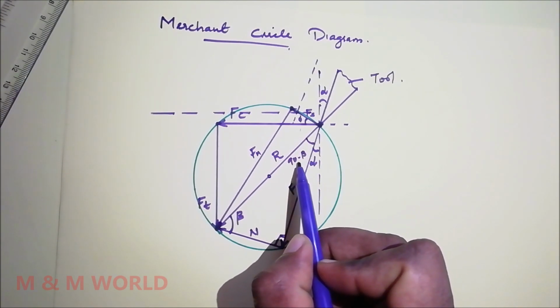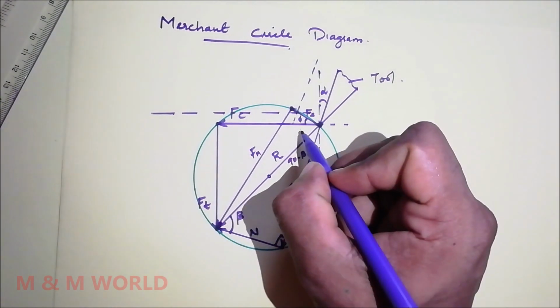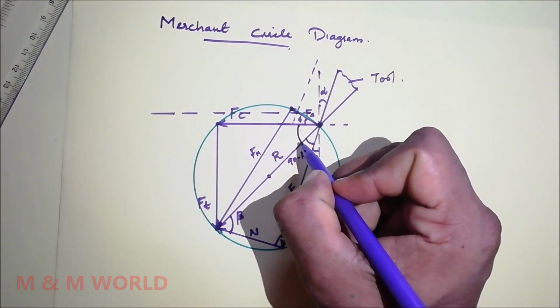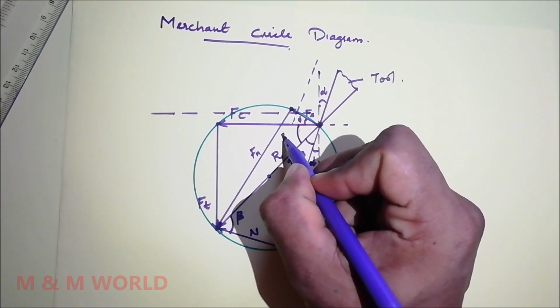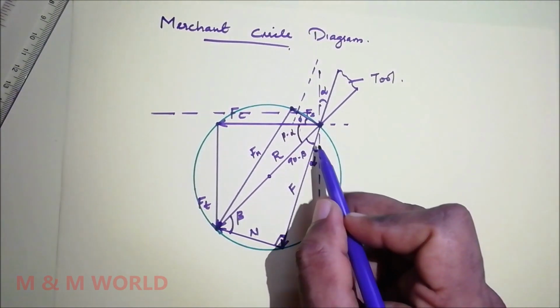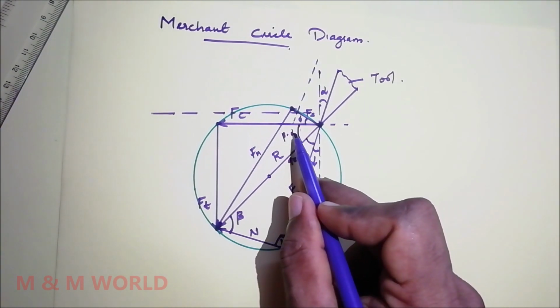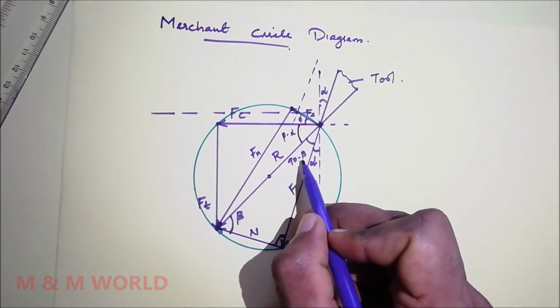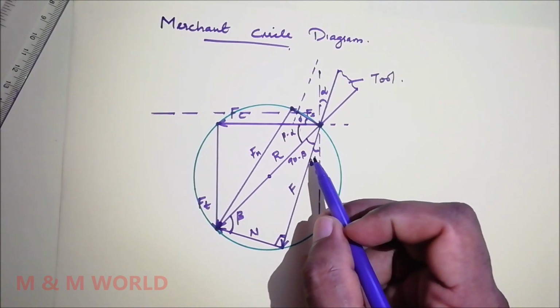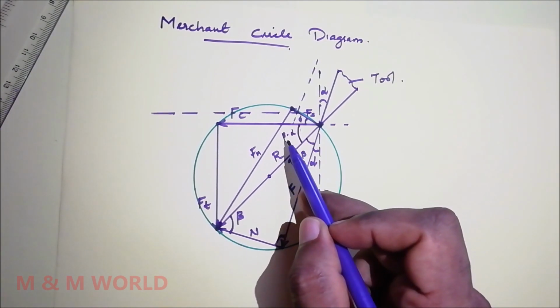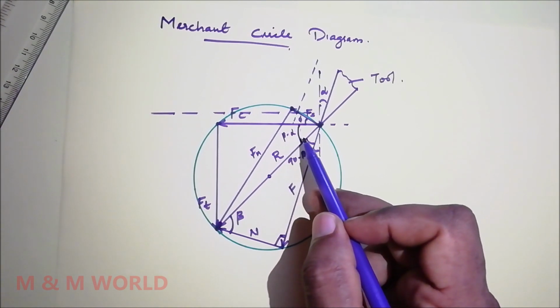This is 90 minus beta. This is alpha. So what will be this angle? This angle will be beta minus alpha. So this is 90, so this will be equal to 90 minus beta plus alpha. So that will be 90 minus beta plus alpha.